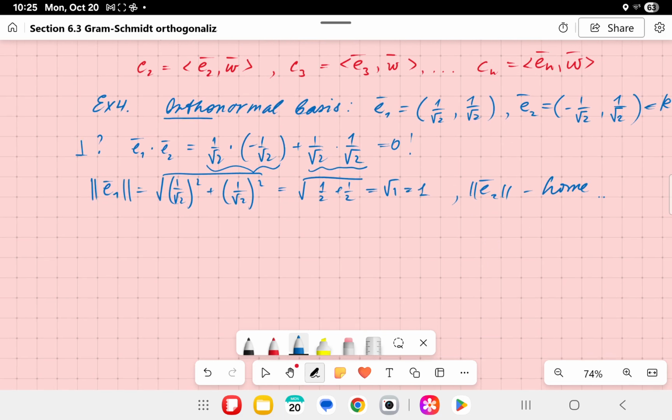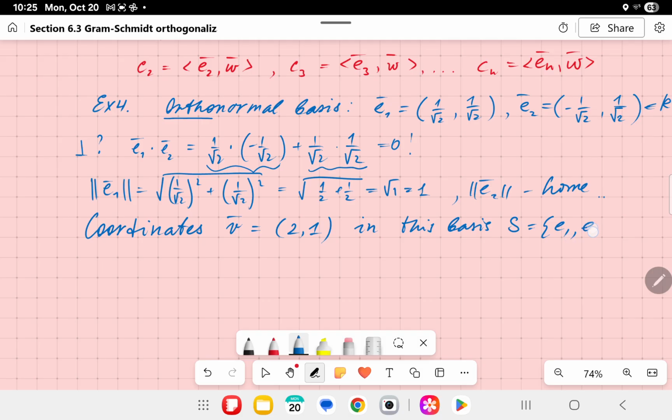And now somebody is asking, what are the coordinates of some vector v, which has standard coordinates 2, 1, in this basis S, which consists of E1 and E2? Well, before I was supposed to solve a system of equations.